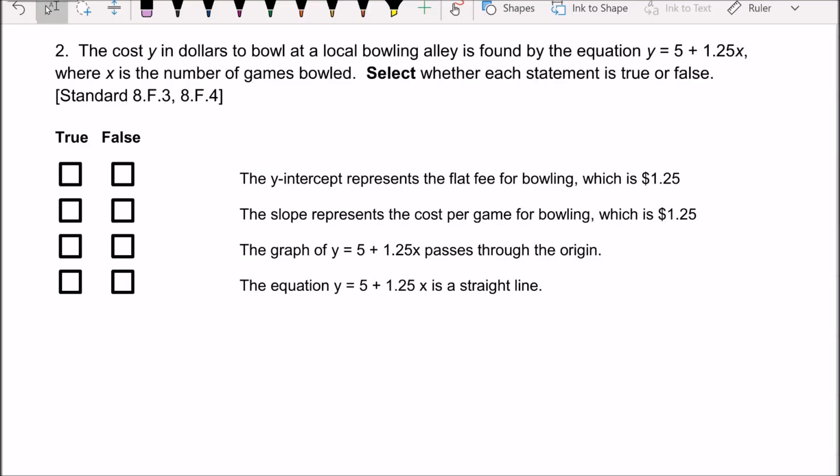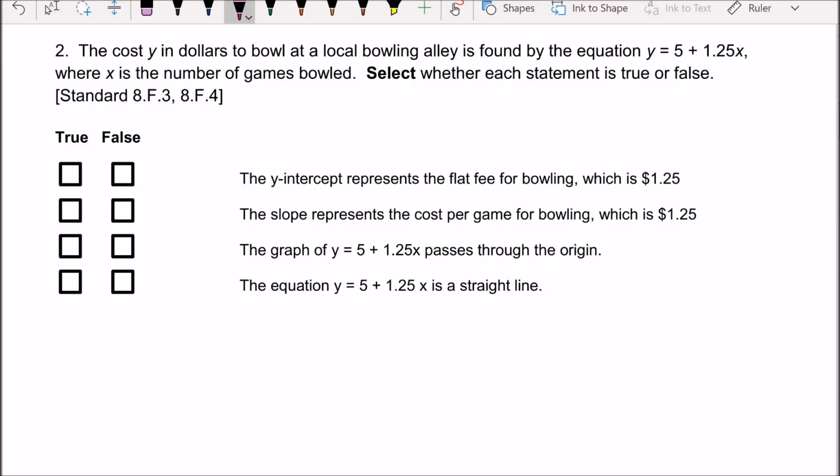Number 2, in this problem you're going to earn 3 points. Number 2 starts with: the cost y in dollars to bowl at a local bowling alley is found by the equation y equal to 5 plus 1.25x, where x is the number of games bowled. Select whether each statement is true or false.